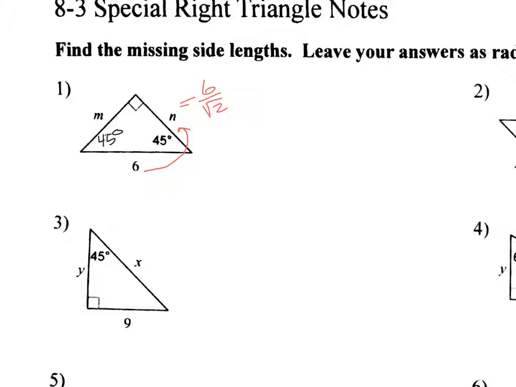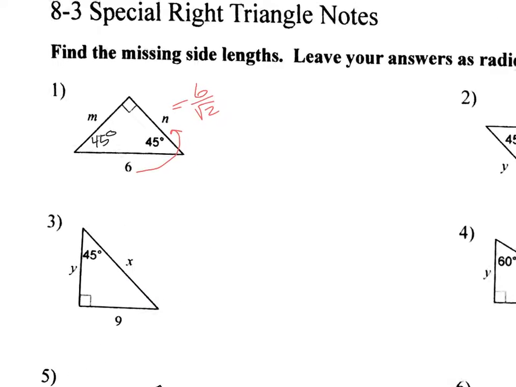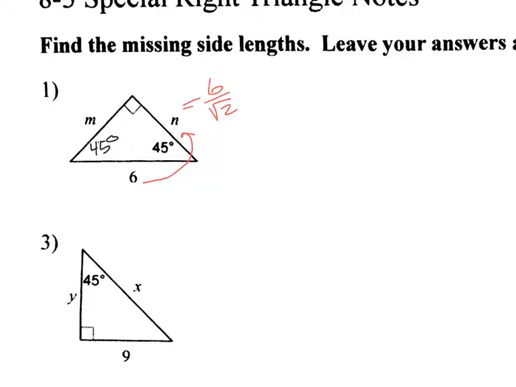Now, it says leave your answers as simplified radicals. Here's the problem. You can't leave a square root in a denominator, so there's this thing called rationalizing. And all that means is you multiply the top and the bottom by whatever the square root is.